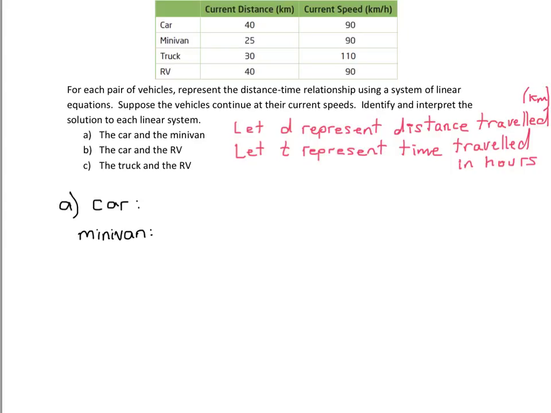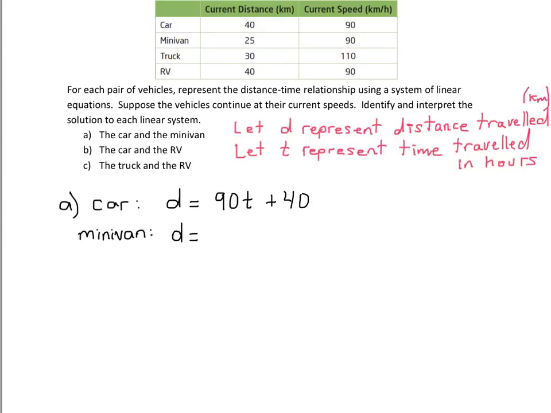For the car, the distance that the car has traveled is going to be equal to 90 times the time, because it is traveling at 90 kilometers per hour, and if we multiply that by time, that will tell us how far they've traveled in that amount of time, plus the initial distance, which was 40 kilometers. Add those together and you get the car's total distance.